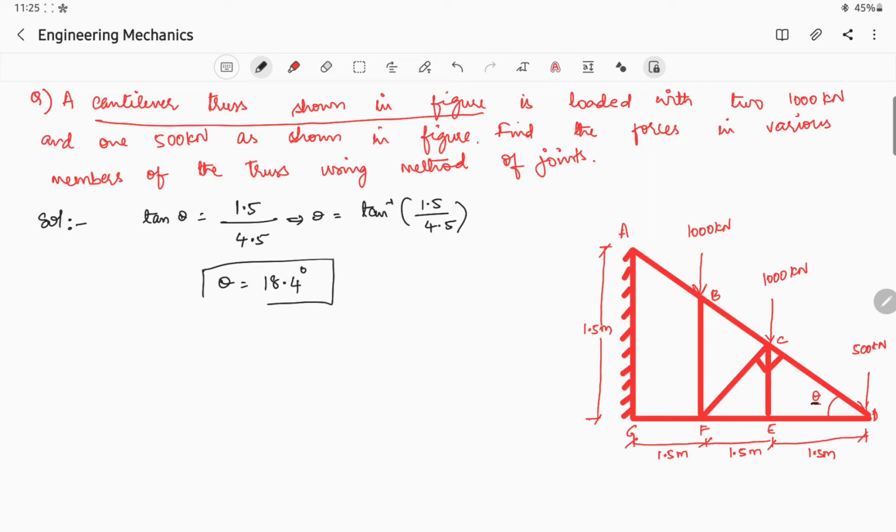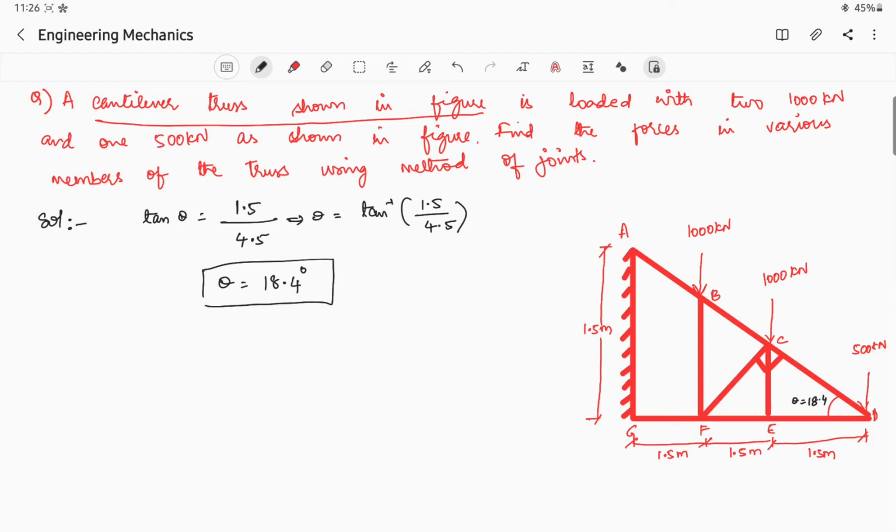If you calculate, you'll get the value of theta as 18.4 degrees. This is the angle we have calculated. Now we have to solve the problem and start the calculation of forces in each member.